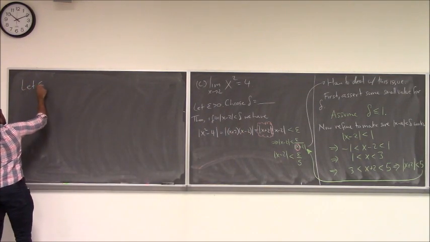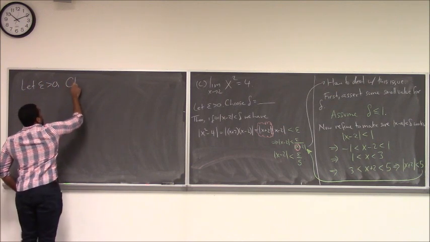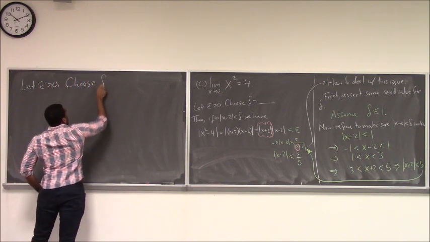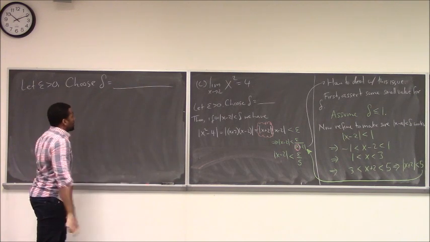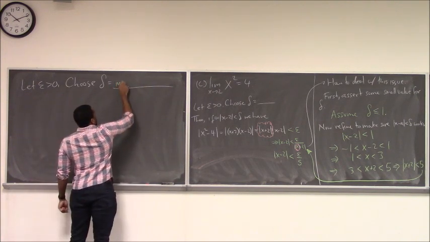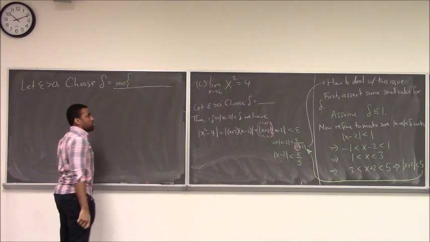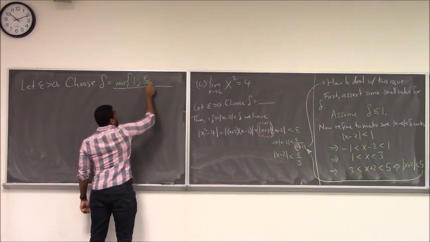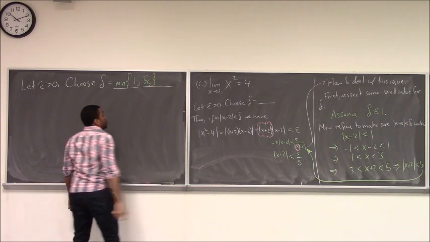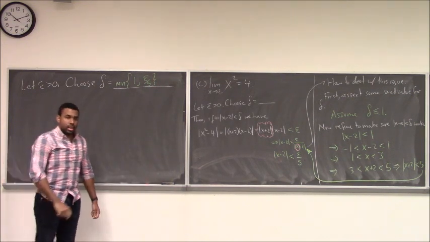Let epsilon be greater than 0. Choose delta equals, and here's how you'd write this down, the minimum, the smaller of these two values. Compare 1 to epsilon over 5, and whoever is smaller, pick that guy.